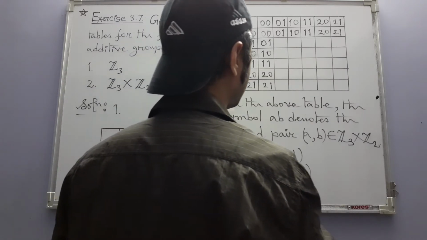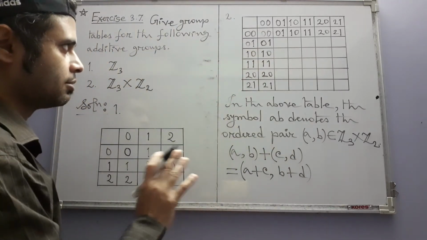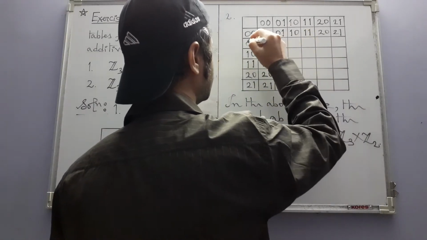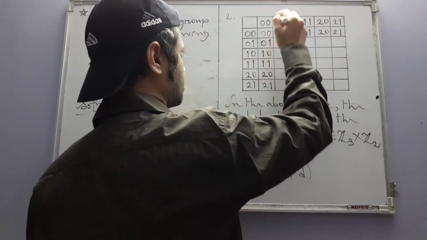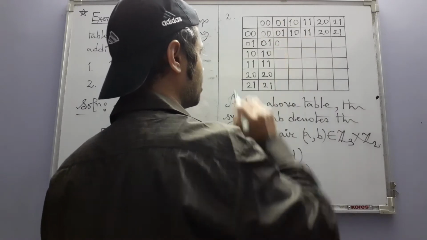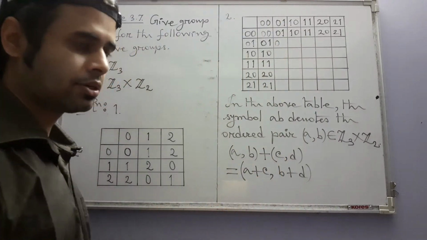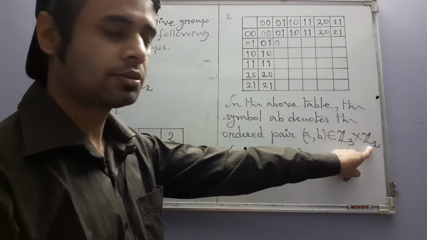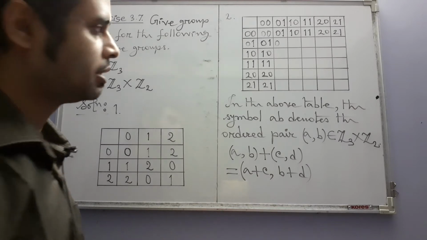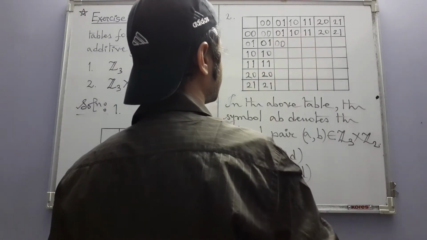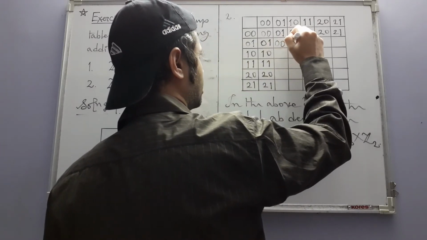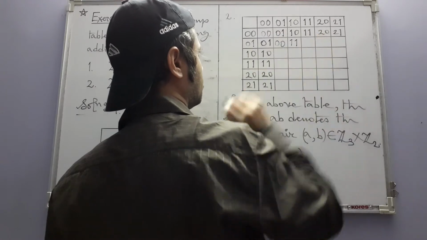Okay, now we carefully fill out the rest of these cells. 0 1 plus 0 1: the first coordinate is 0 plus 0, which is 0. 1 plus 1 is actually 2, but because we are doing the calculation in Z2, that 2 is 0, because we are dividing by 2, so the remainder is 0. Just like that, 0 1 plus 1 0: 0 plus 1 is 1, 1 plus 0 is 1.